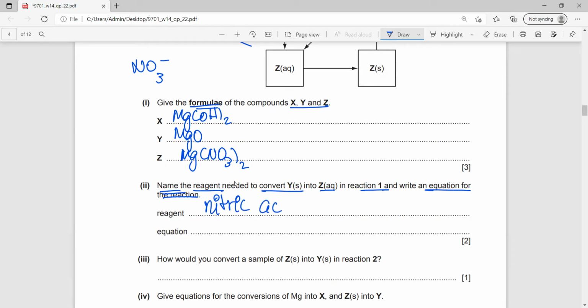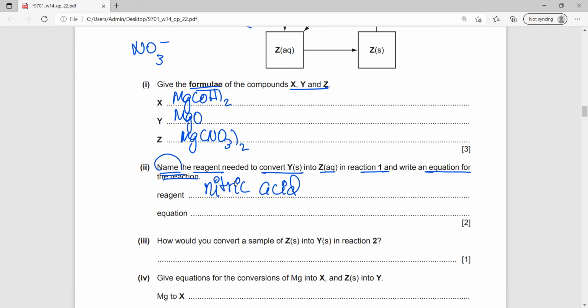You cannot write HNO3 because it says to name the reagent. If you write the formula, you won't get the mark. And the equation would be MgO plus 2HNO3 to give Mg(NO3)2 plus H2O. Acid-base reaction gives us salt and water, and there's 2 anions, so that.